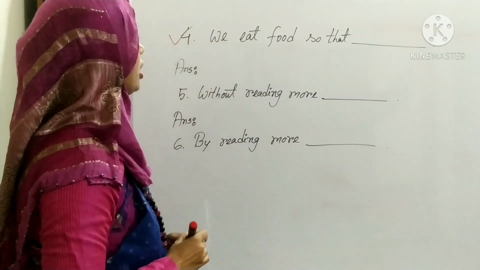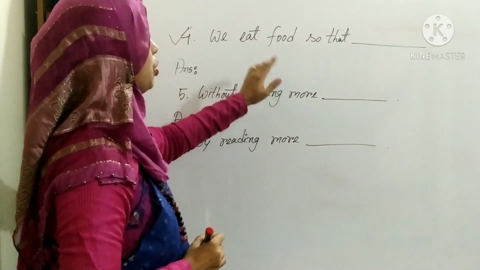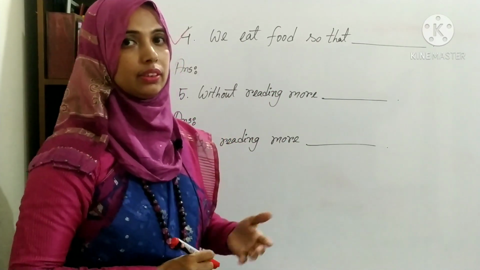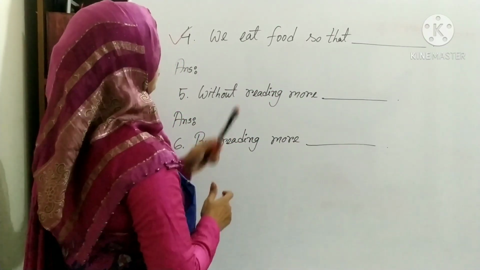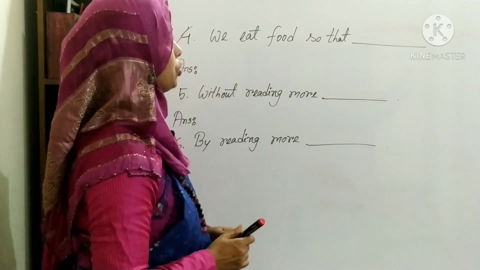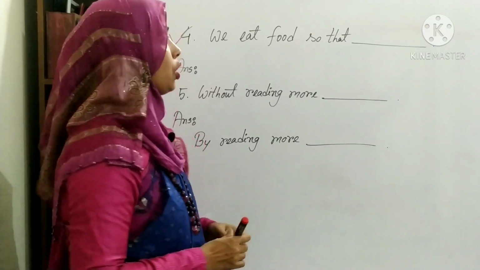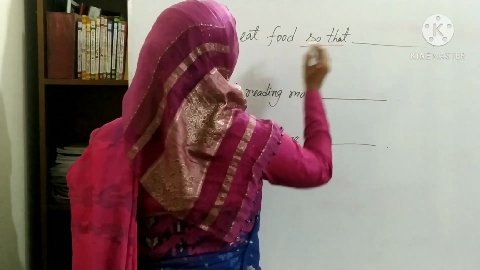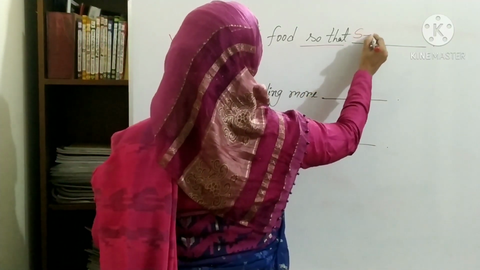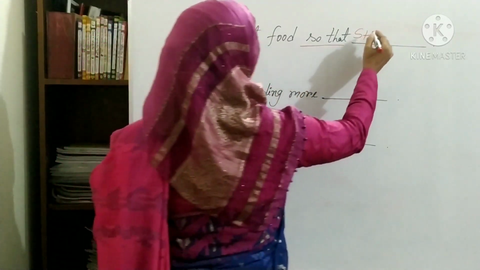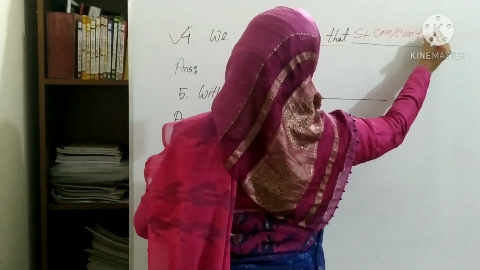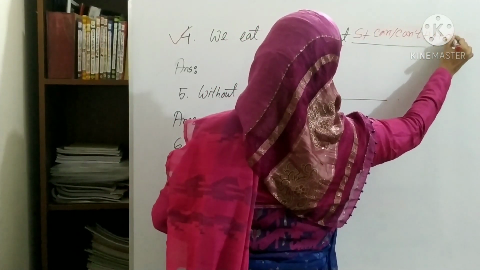Dear students, you can see the sentence. So by seeing the sentence, you have to memorize which structure you will write. Okay, you are seeing that in the first clause what I have written is, we ate food so that. So you know the rule. When you find so that, there is an exact rule: after so that you have to write subject, then you will write can or cannot plus V1 plus object.